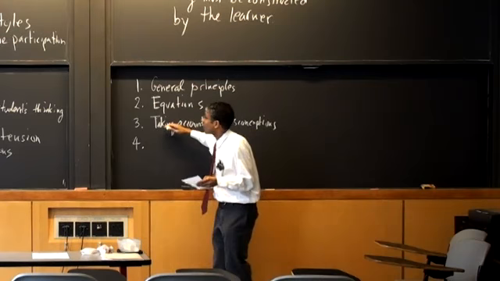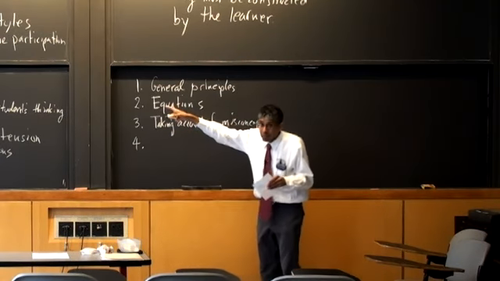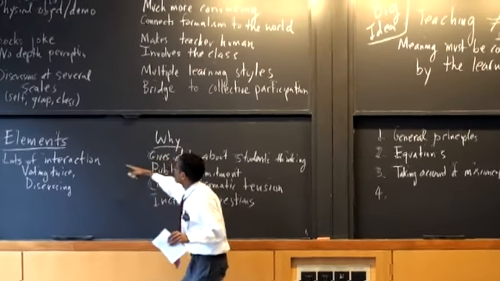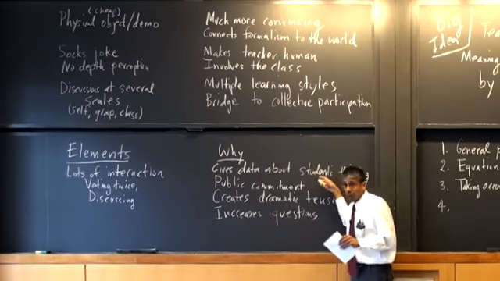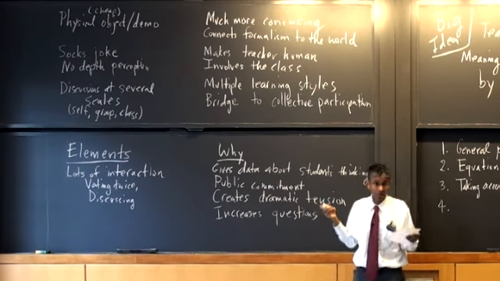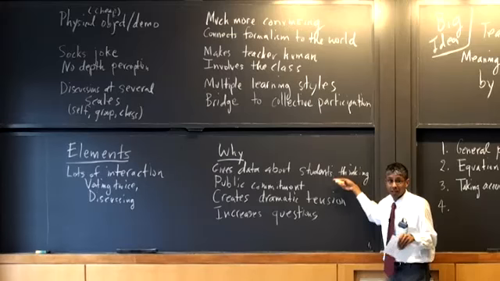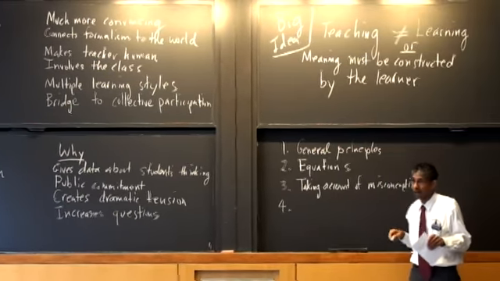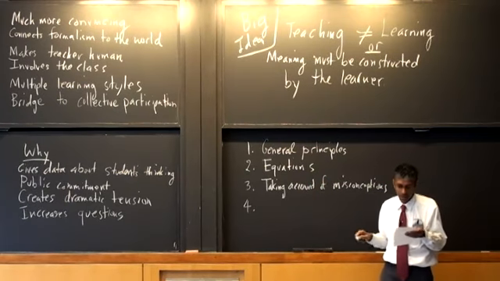So you can see already where some of the ideas that we've been talking about here are going to help. For example, having lots of interaction and voting. You find out where the students are. You'll find out if they have funny ways of thinking about stuff, maybe even predictable ways, but ways that don't help them actually solve problems in the real world. Well, how do you take account of that? There's one way right there already.